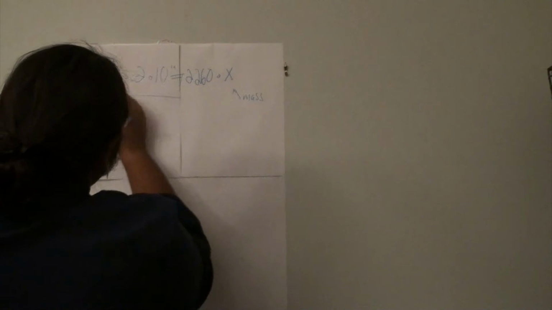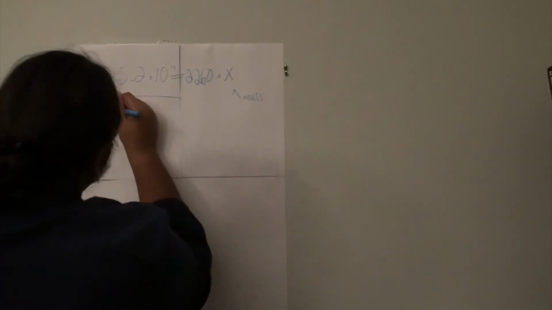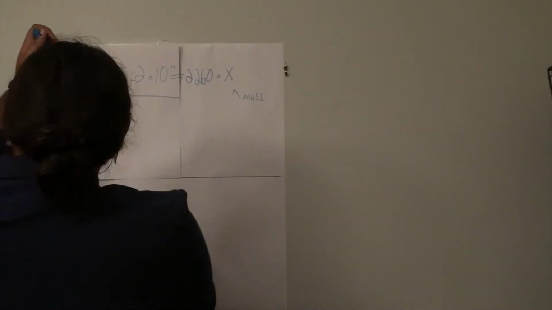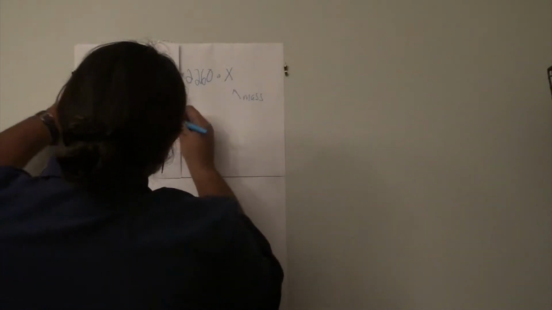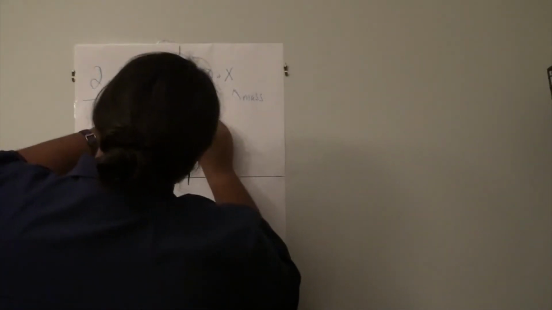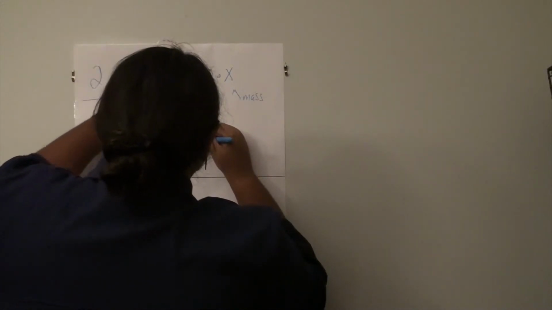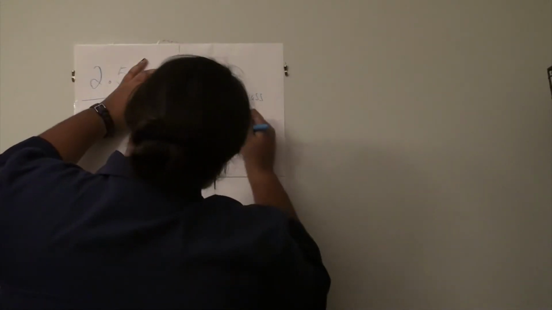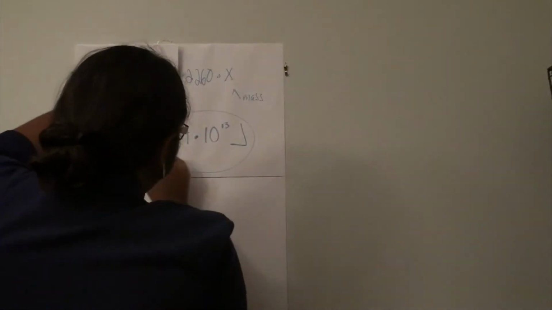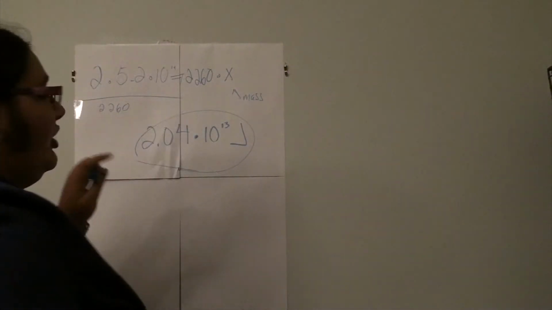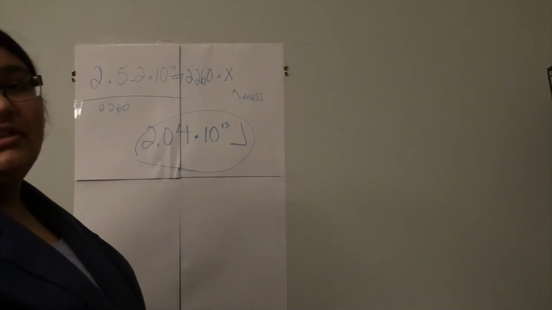So, put this over 2260, we get 2.04 times 10 to the 13th power, the mass in grams of water condensed in 2 days through condensation.